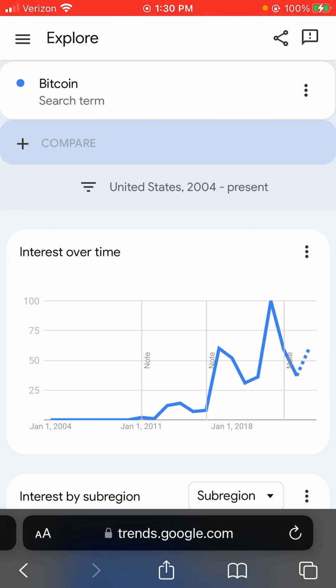So, what I'm wondering is, were people searching for it at the same rate as the price was moving? Which really, does it make sense that that would be the case? To me, I would think that it does.